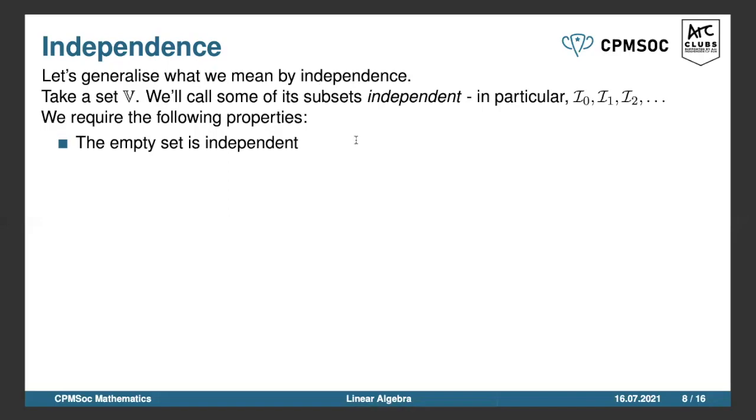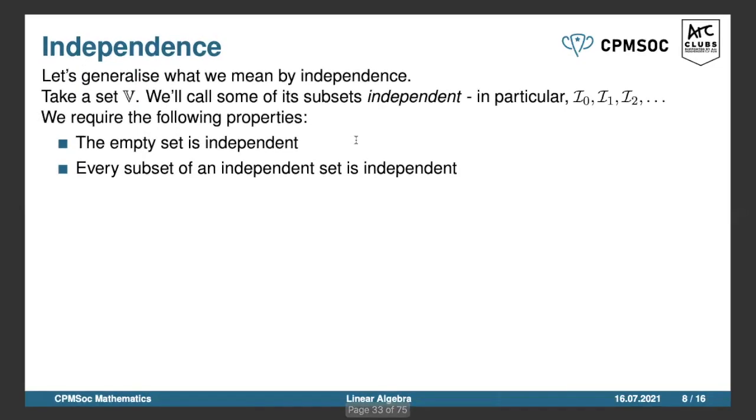Obviously, if you have an empty set of vectors, you're not going to have 2 vectors in that set be dependent on each other, because there's no vectors in the set. And if you have a set of independent vectors, you can certainly remove any of them, and you're not going to create a dependence by removing any of them.